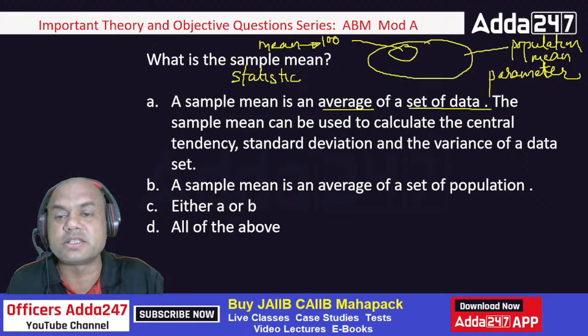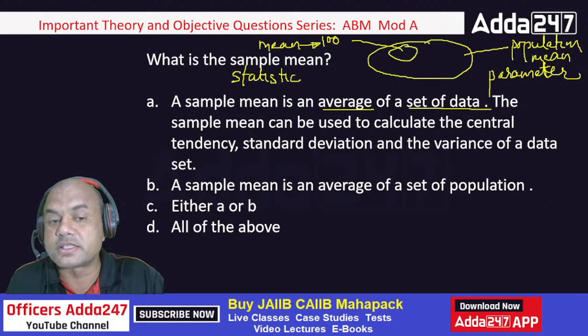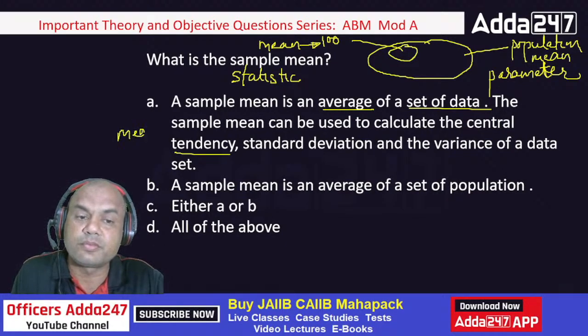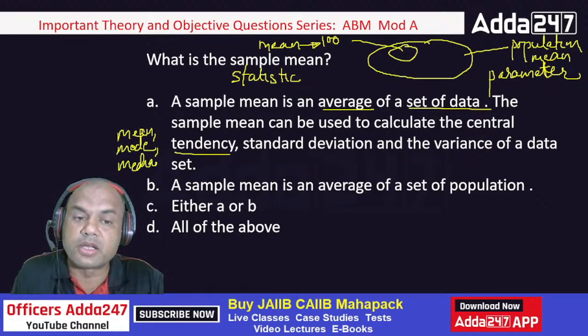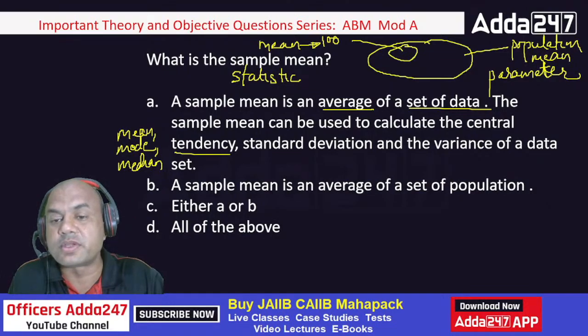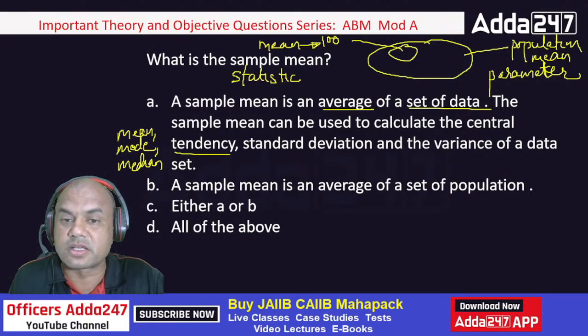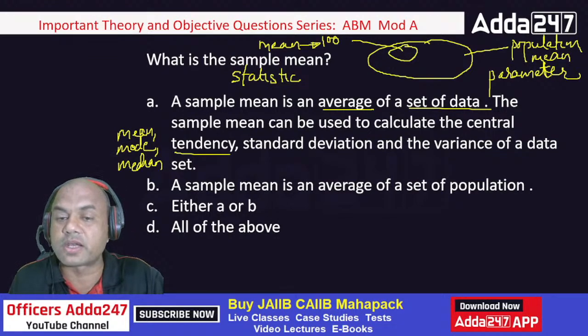So the sample mean is the average of a set of data. The sample mean can be used to calculate central tendency. Central tendency means mean, mode, median, wherever I get a single number, along with standard deviation and variance of the data set. Sample mean is used to calculate all these 3: central tendency, standard deviation and variance.